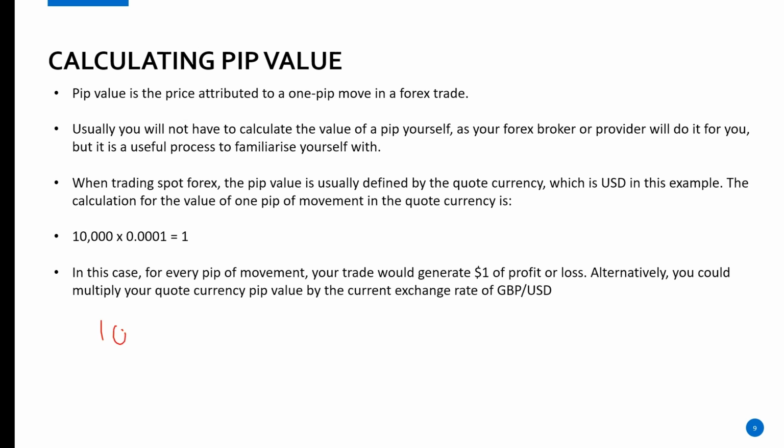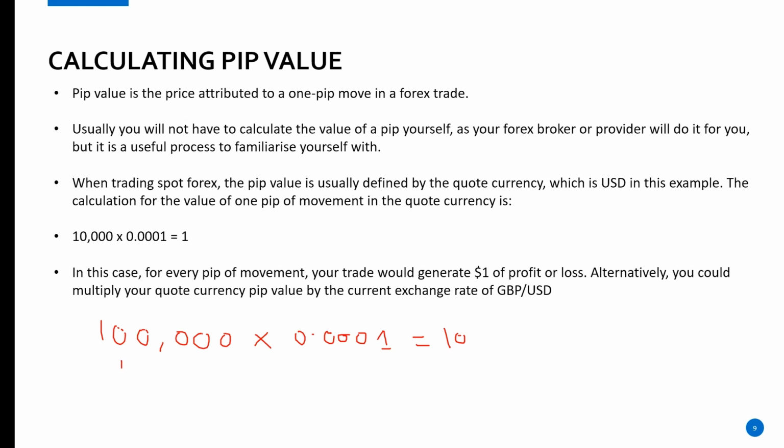For a standard account, which is $100,000 per lot, I'm multiplying by 0.0001, and that is giving me $10 per pip.